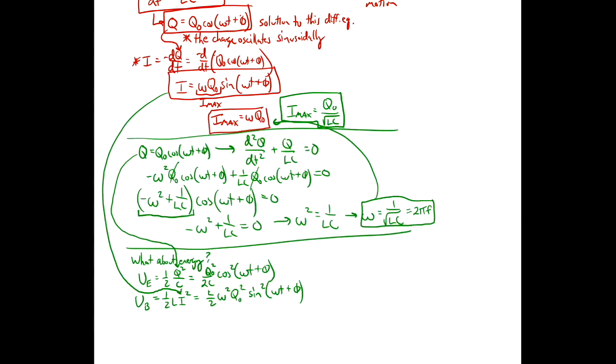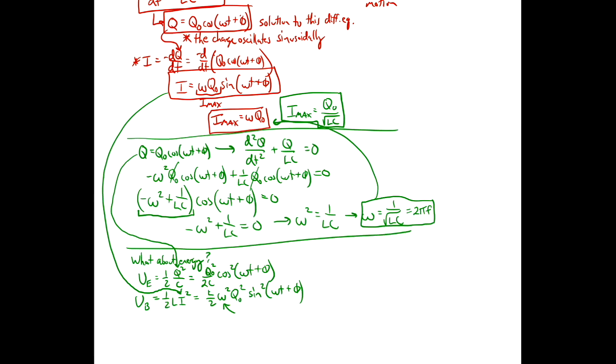So it makes sense that the energy that's being stored in the electric field or in the capacitor is varying with time, and the energy that's stored in the magnetic field in the inductor is varying with time. Okay, the amount of energy in each is varying because the current and the charge is changing as a function of time as well.